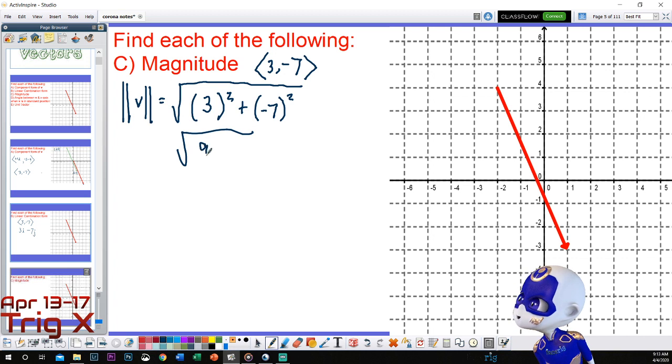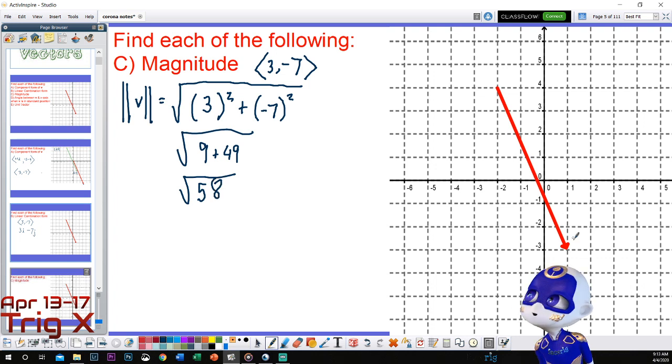Alright, so in here that gives me 9 and 49. Inside there that is 58. So you would agree that the square root of 58 is the magnitude or the distance of this. If you want to check your answer, let's do the square root of 58 in the calculator. That gives me about 7.6.